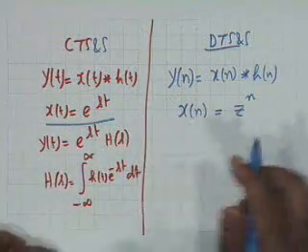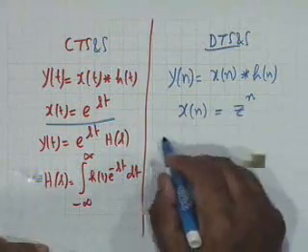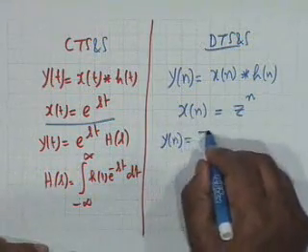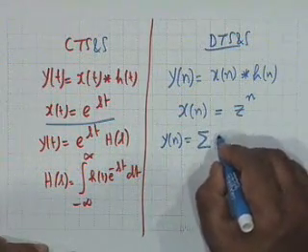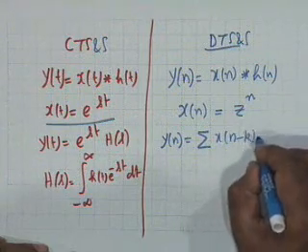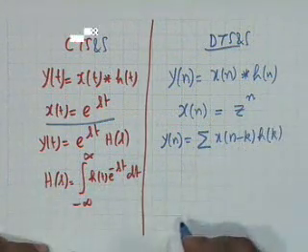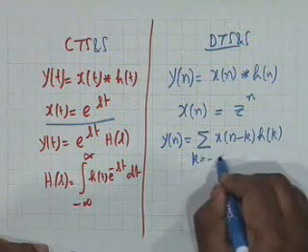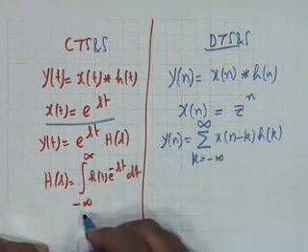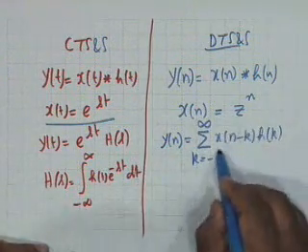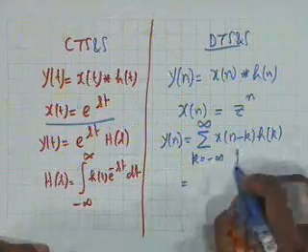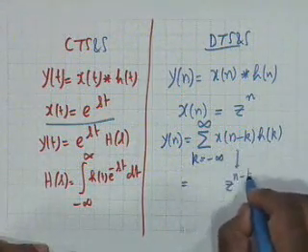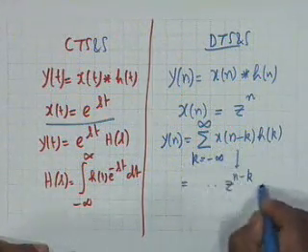If x of n is z to the n, then you notice that y of n, which is x of n minus k times h of k, the convolution with k from minus infinity to plus infinity, you substitute x of n minus k as z to the n minus k, and all other terms remain the same.